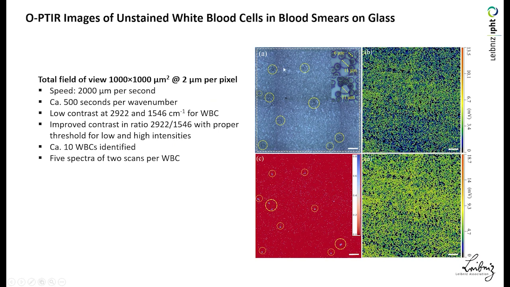But of course, unstained cells are really difficult to identify with the naked eye. And then after the white blood cells have been identified, 5 points were defined per cell, and from these 5 points, a spectrum was collected and averaged for further analysis.